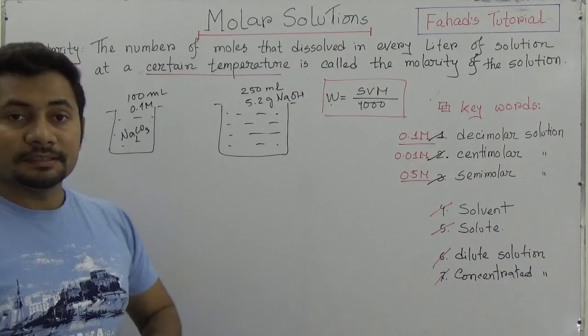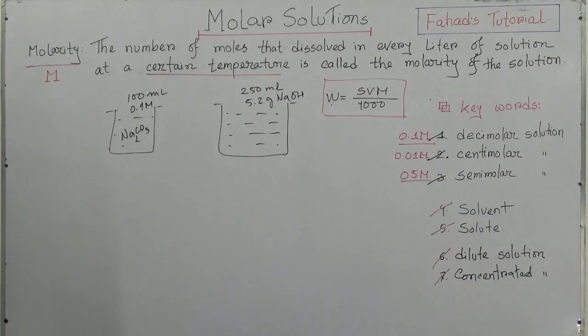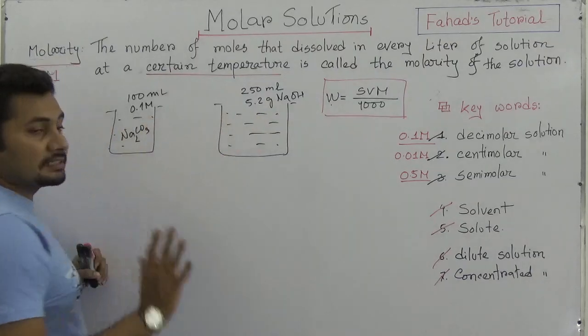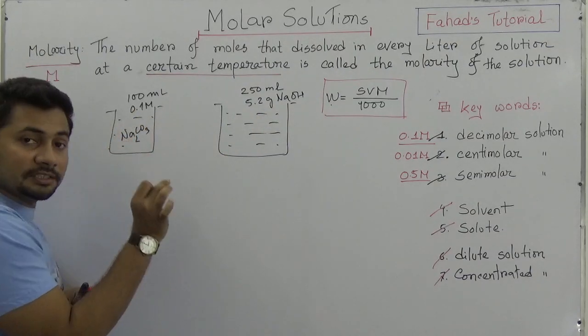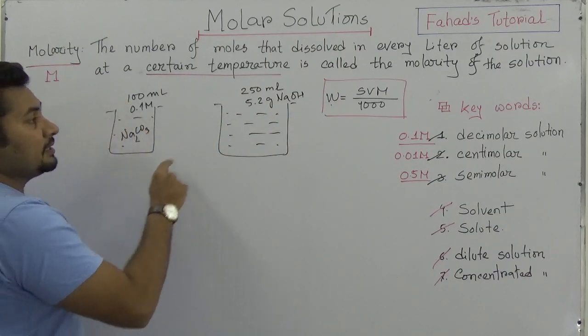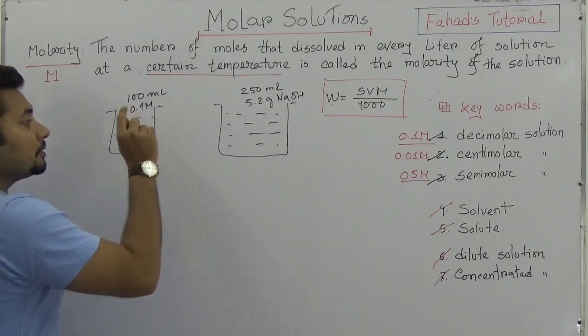Now this is also very easy, but you will understand the concept. Suppose two different beakers are given. Here sodium carbonate solution is there and also sodium hydroxide. This one is 100 ml, this is 250 ml, this is 0.1 molar.